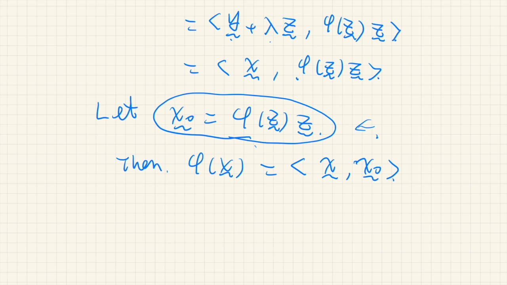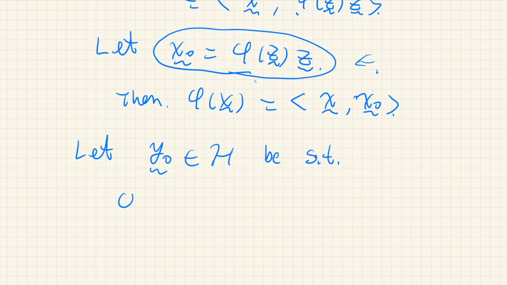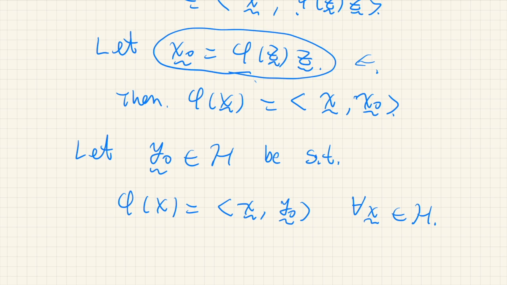So for that, let y0 in the Hilbert space be such that phi of x is equal to the inner product of x and y0 for all x in H. So we have x0 equals y0.